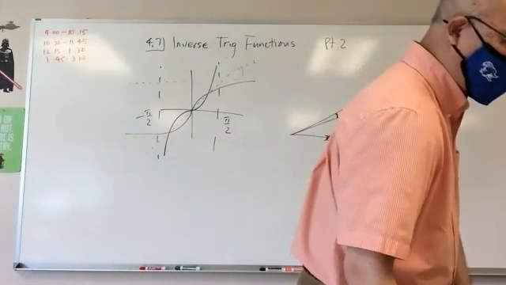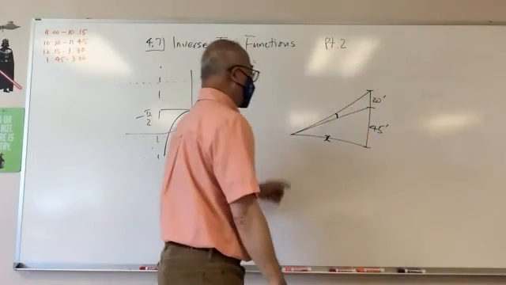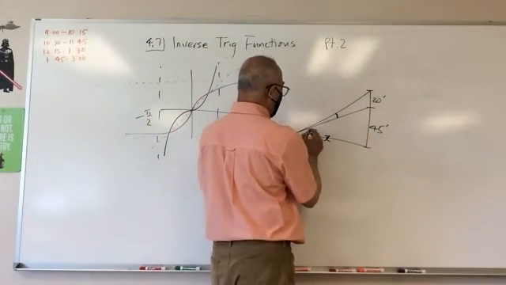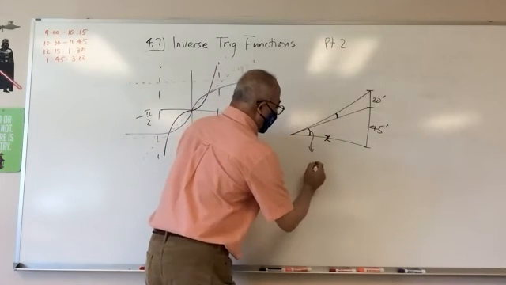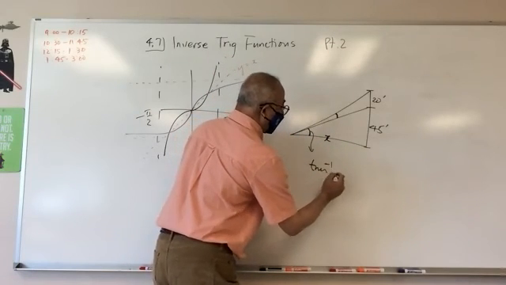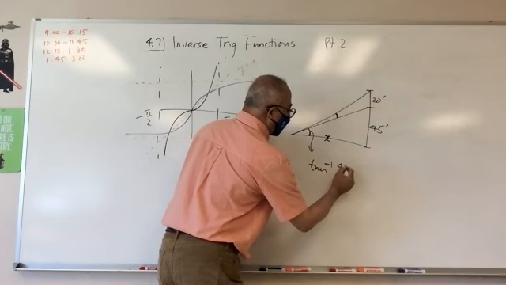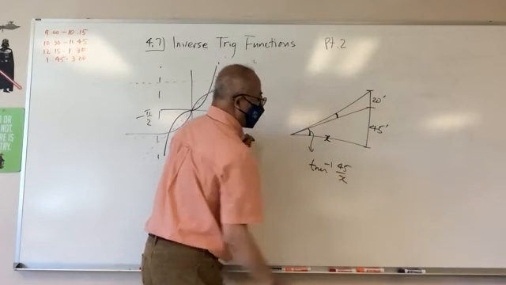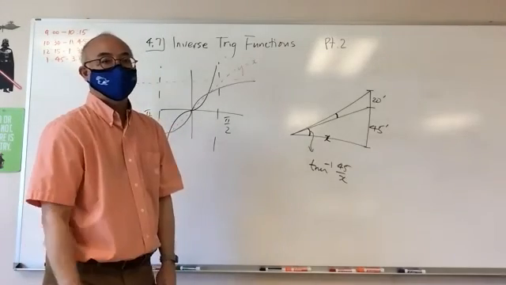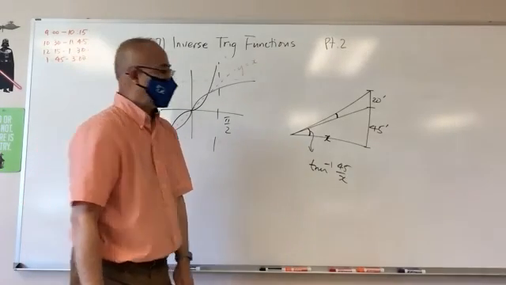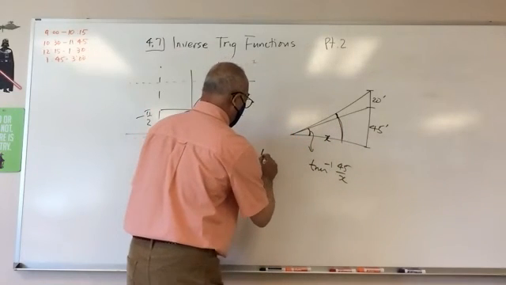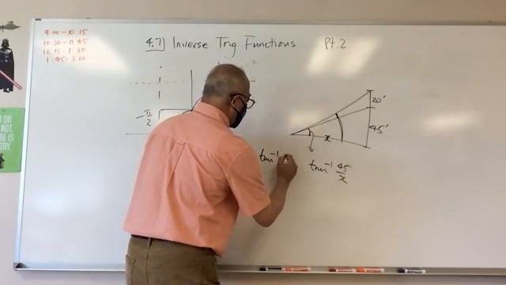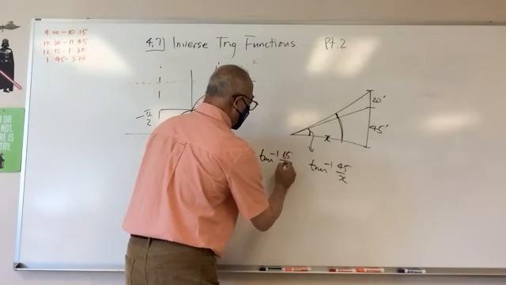Okay. So what am I trying to find? I'm trying to find the difference in the angles, right? So the angle here is going to be arctangent of 65 over x.